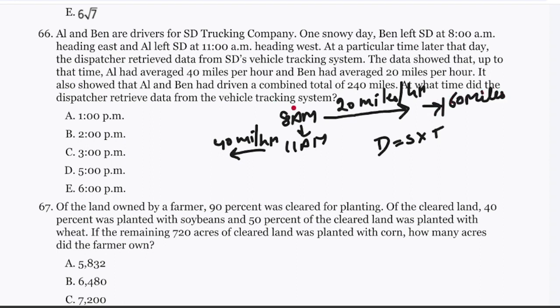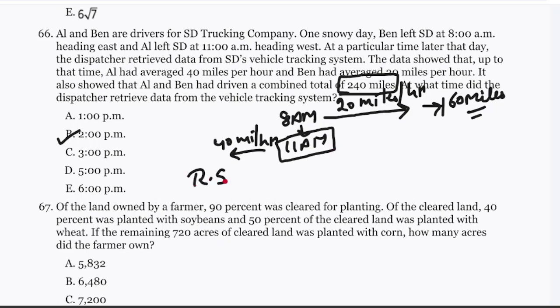And they said they have driven a combined total of 240 miles. Out of 240 miles, 60 miles have already been driven. The remaining is 180. Now there is a concept of relative speed that is going to play a role here. Relative speed says when two things are moving in opposite directions, then we add their speeds, and if the two things are moving in the same direction, we subtract their speeds.